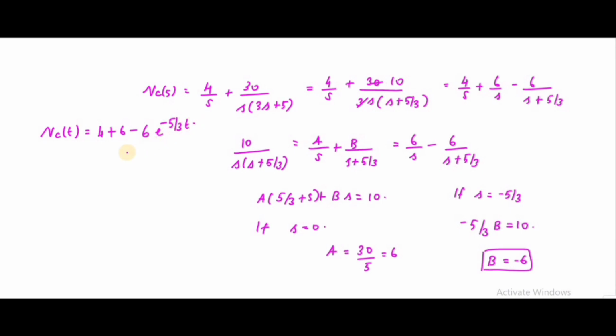If I take it in time domain, I can write it as 10 minus 6 into e power minus 5 divided by 3 t, because s plus 5 by 3 in the denominator, I can write it as e power minus 5 by 3 of t.